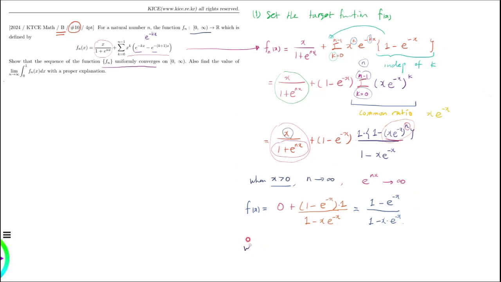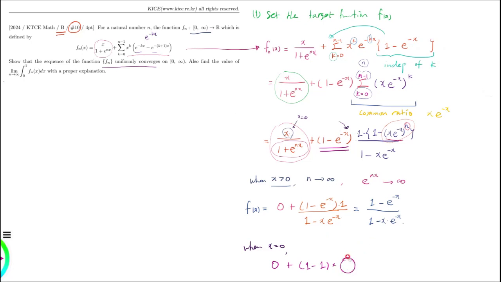and then when x equals 0, we just plug x equals 0 into here and into here. Okay, and then the first term goes to 0, and for the second term, this part is 1 minus e to the 0 power, which is 1 minus 1.